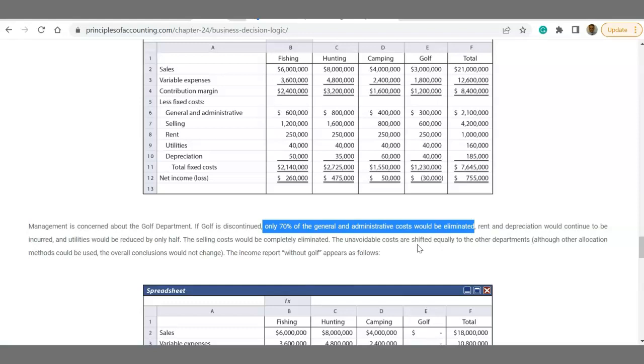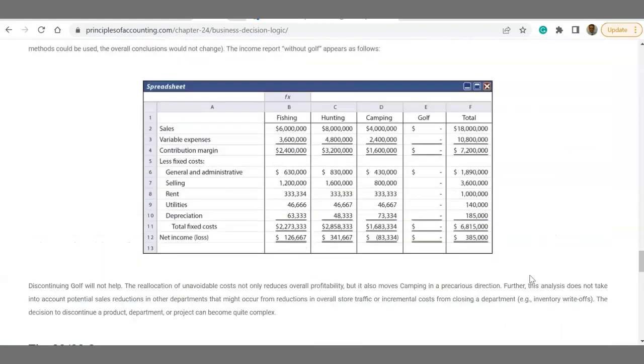The unavoidable costs are shifted equally to the other departments, although other allocation methods could be used. The overall conclusion would not change. The income report without golf appears as below. So there will be no income, obviously. There will be no contribution margin, everything zero.